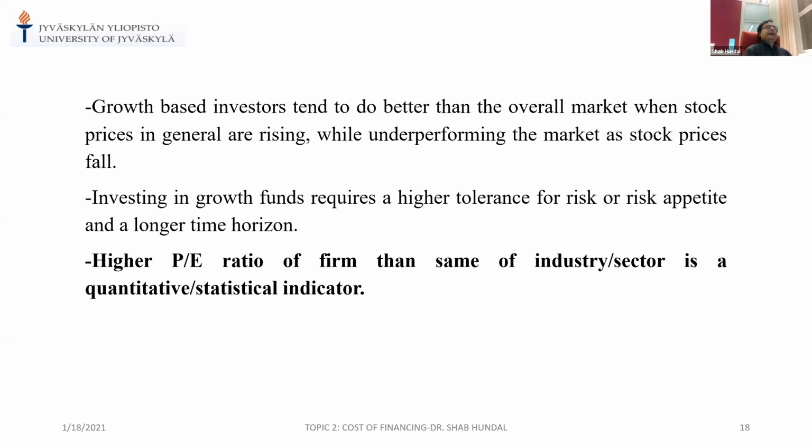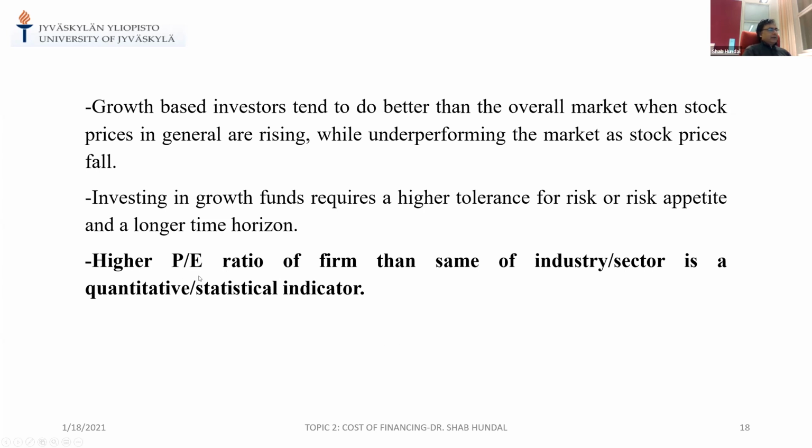So the value-based investors buy cheaper, hoping it will go up. The growth-based investors buy expensive in the hope that it will be even more expensive in the future. So the mindset and the notions of the value-based investors and the growth-based investors are very different.